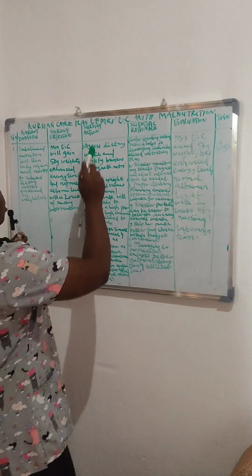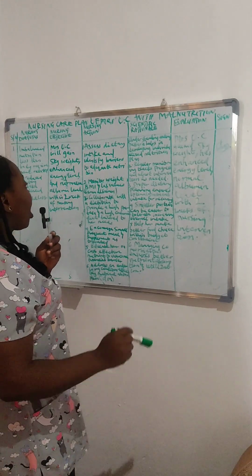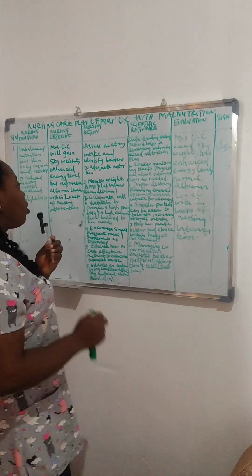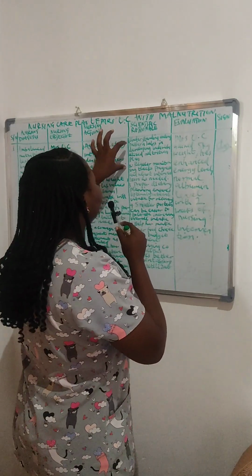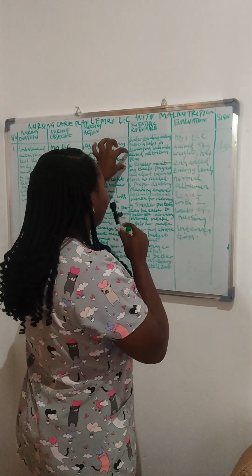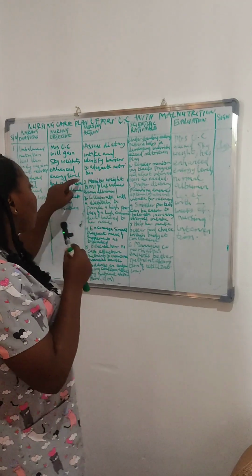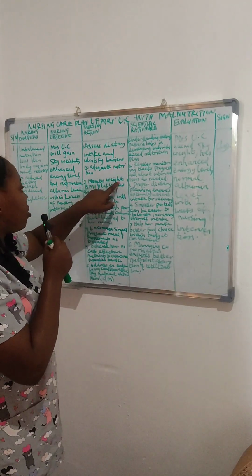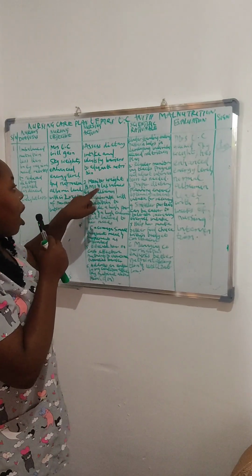So our nursing action now is assess dietary intake and identify barriers to adequate nutrition. Our rationale for it is that understanding eating pattern helps in developing an individualized nutrition plan. The second one now is monitor weight, BMI, lab values, which is the serum albumin.